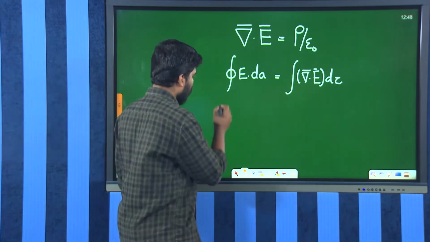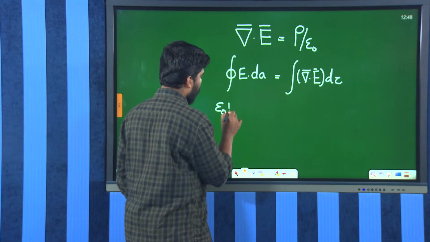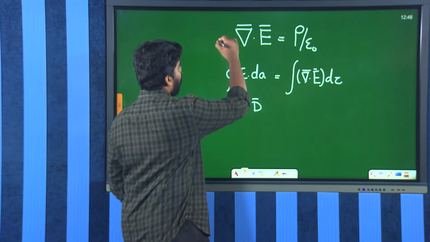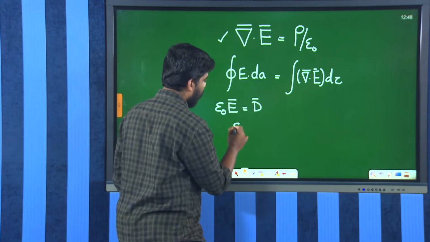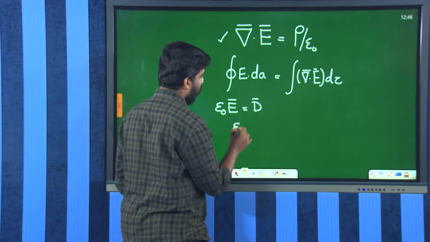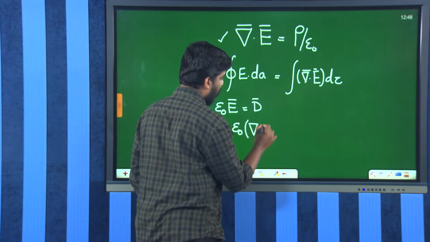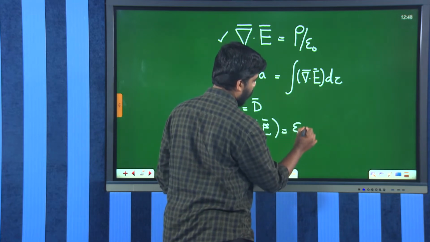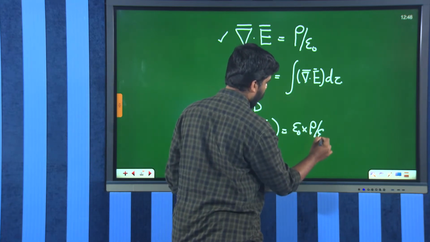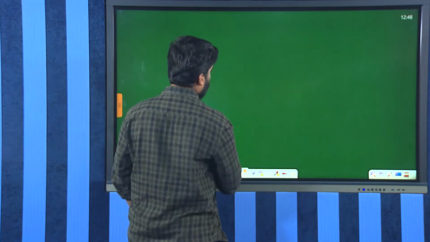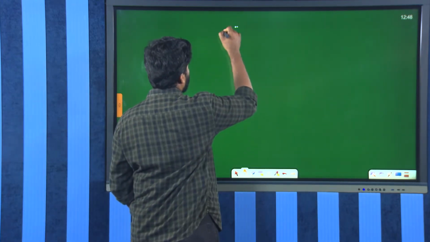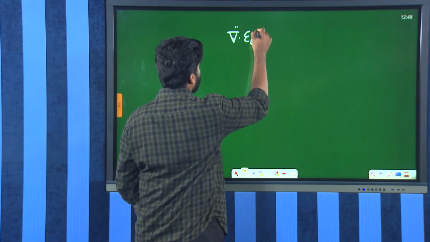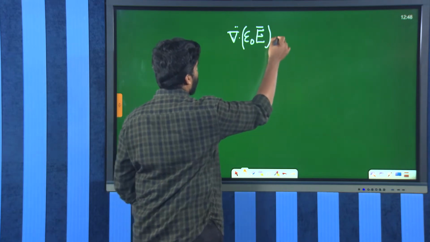And we know that epsilon 0 E is nothing but this D. So taking this equation, I multiply with epsilon 0 on both sides, I will get epsilon 0 del dot E is equal to epsilon 0 into rho by epsilon 0. So I will get del dot epsilon 0 E, which is del dot D, is nothing but rho.